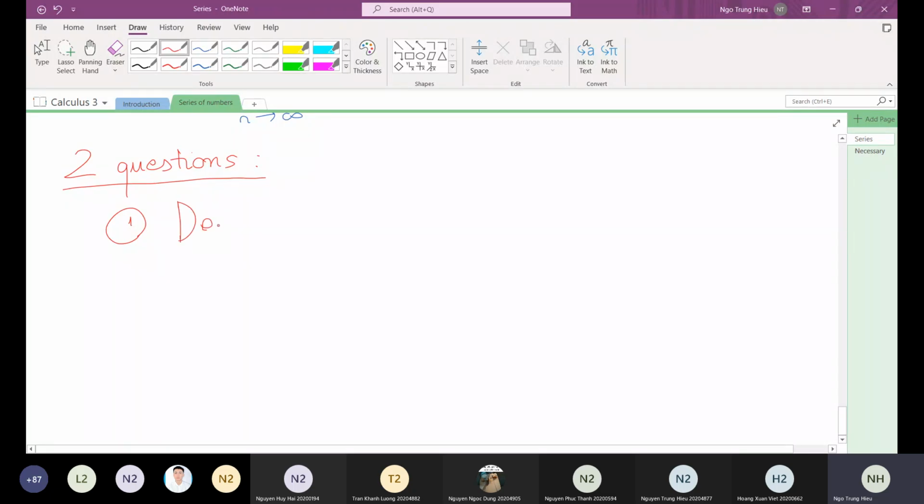The first question is, does a series converge or diverge? The second question is, if a series converges, then what is it equal to?